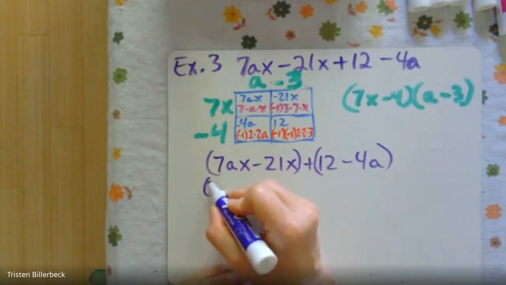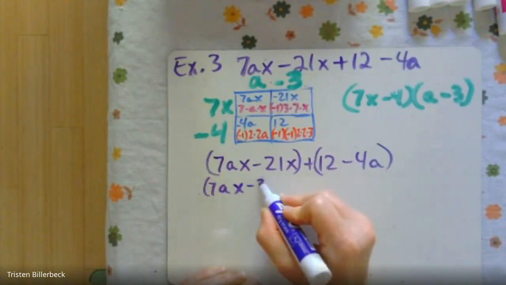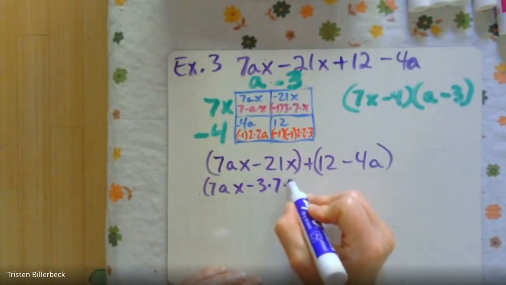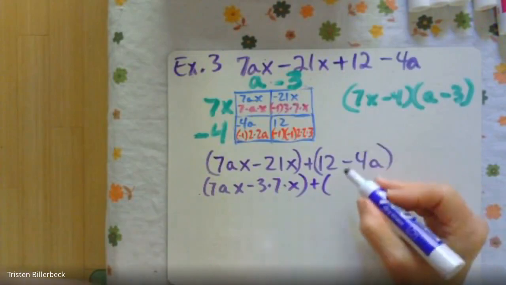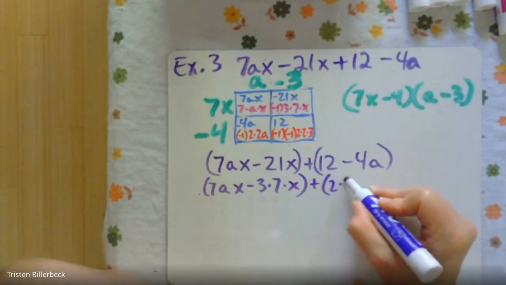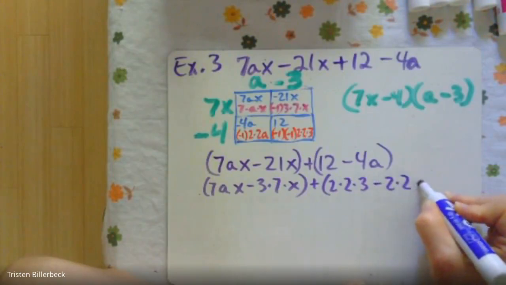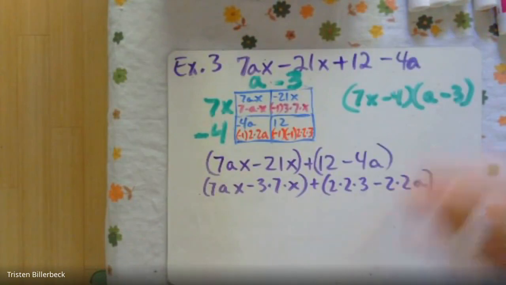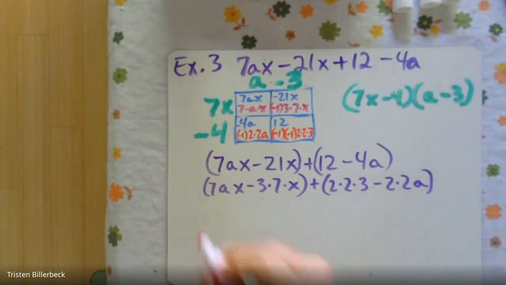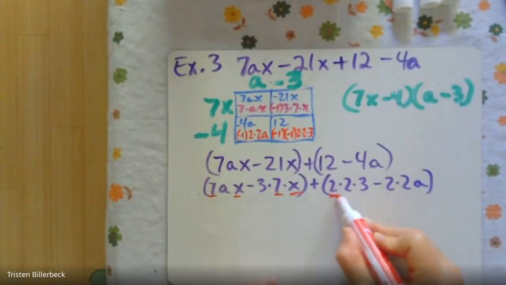So we have 7 times a times x minus, and then this is 3 times 7 times x, and plus, and then we have 2 times 2 times 3 minus 2 times 2 times a. So we look at what do they have in common? 7x. What do they have in common? 4.